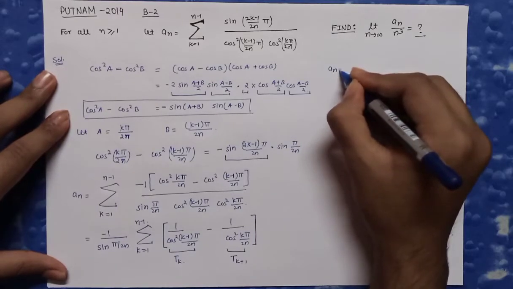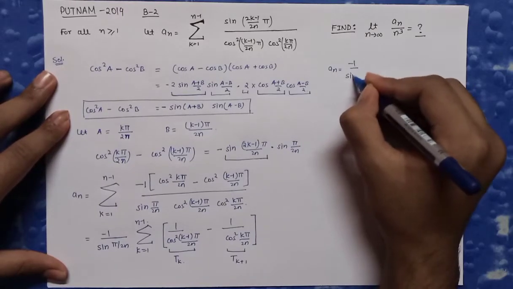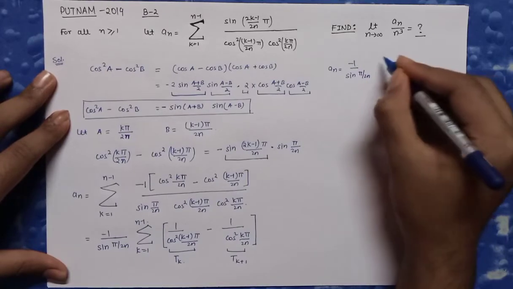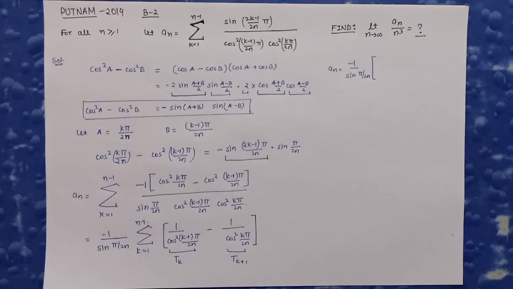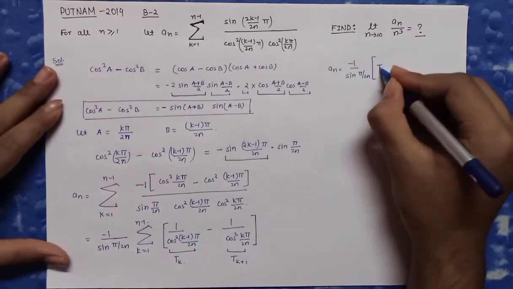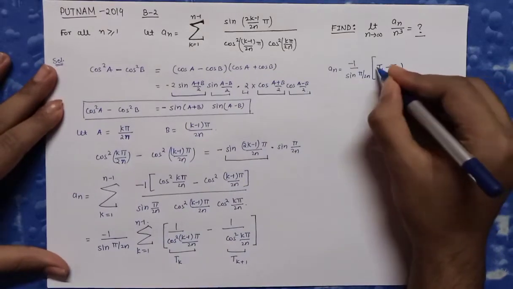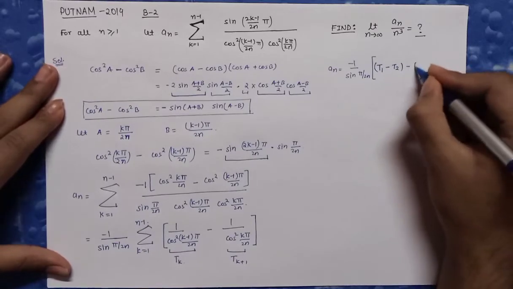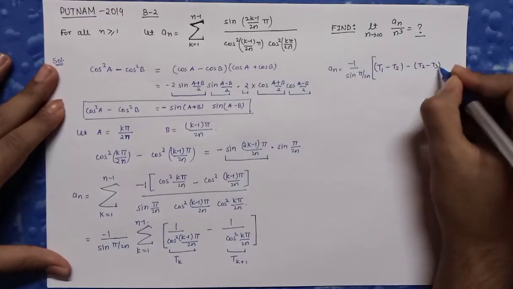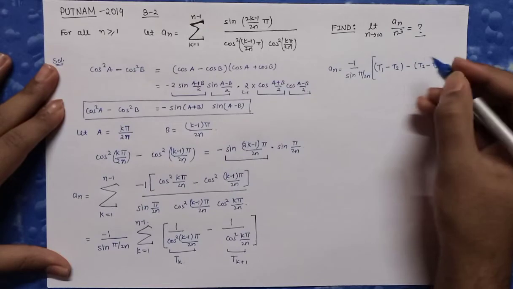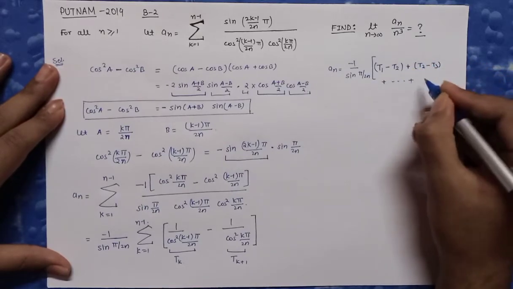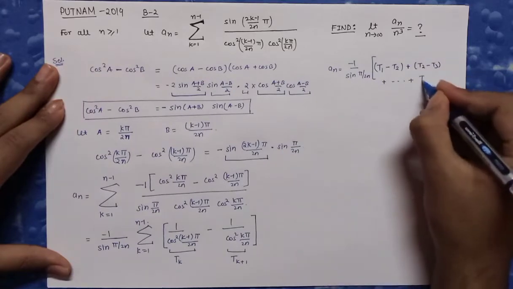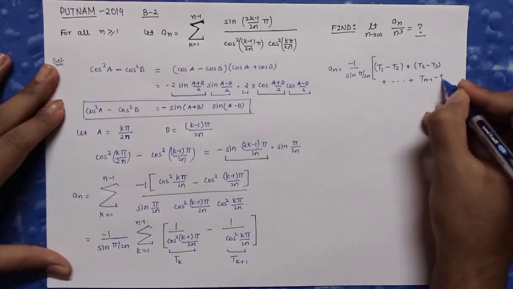So I can write a_n equals minus 1 by sin(pi by 2n), and in the bracket, first I will substitute k equals 1, then I get t1 minus t2, then t2 minus t3, likewise, and it will carry on till I substitute n minus 1, giving t_(n minus 1) minus t_n.